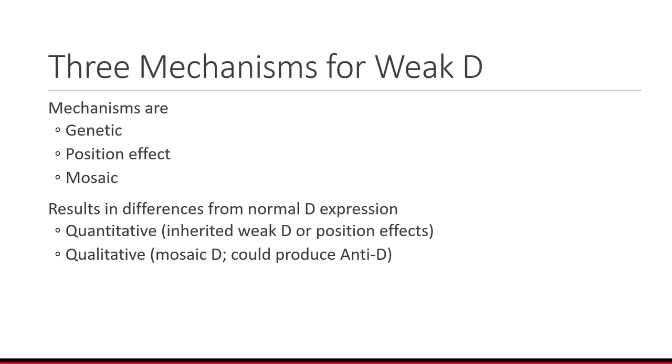For example, mosaic D. And this particular weak D can produce anti-D. I want to say that one more time. You have genetic and position effect, which have to do with a quantitative effect on D expression. The mosaic D, it's actually a qualitative difference, and these individuals could potentially produce anti-D.